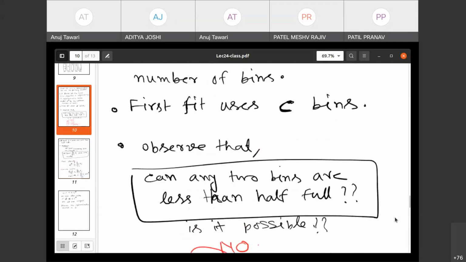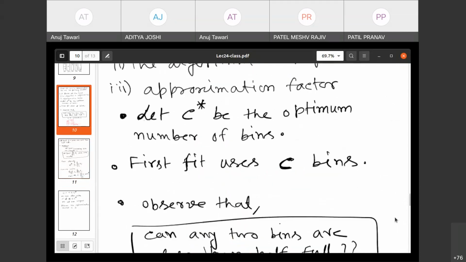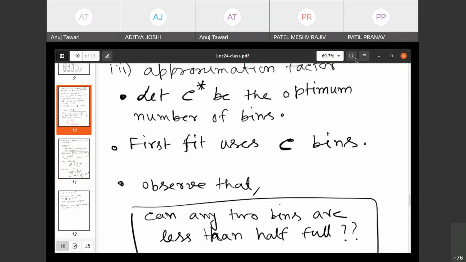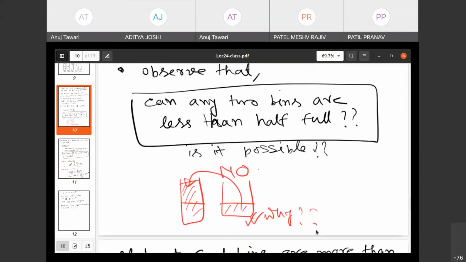So this was the main observation: can any two bins be less than half full? Almost all the approximation arguments I know make use of this. Based on that, we conclude.